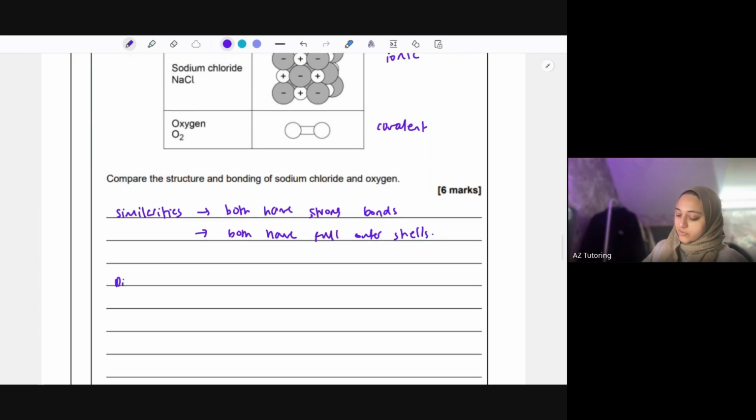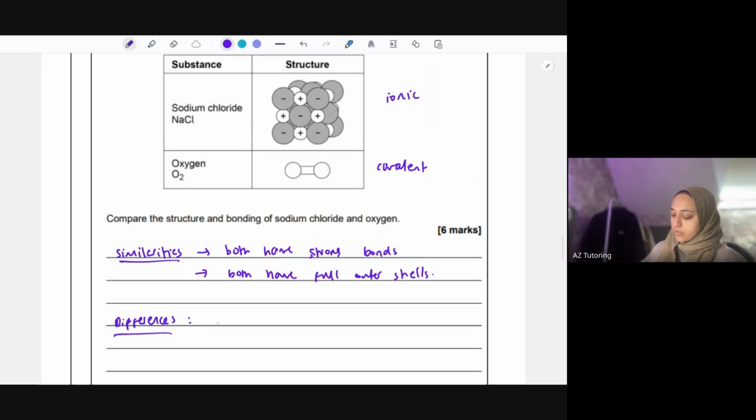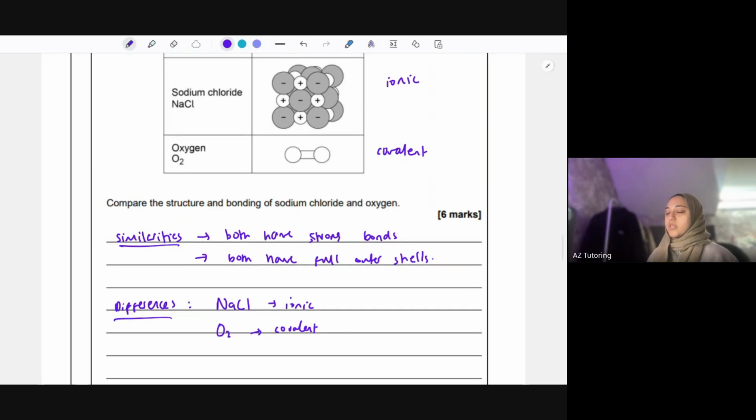Now let's talk about the differences between each of them. Sodium chloride, NaCl, is ionic, and oxygen is covalent.